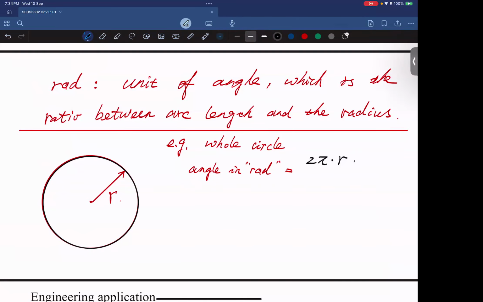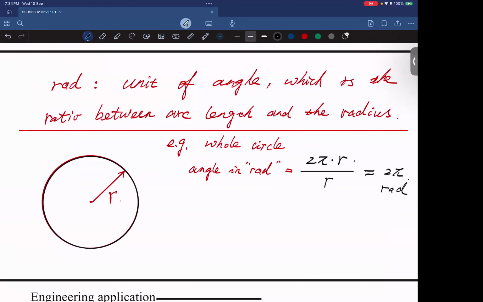And so what is the angle in RAD? The angle in RAD is the ratio of the arc length and the radius. Radius is r. Therefore, we get 2 pi RAD. It's a whole circle.